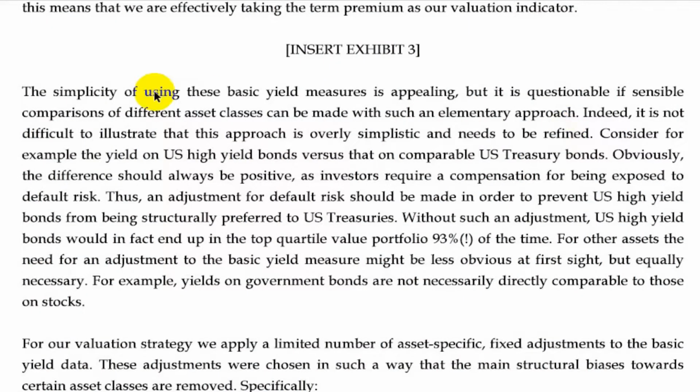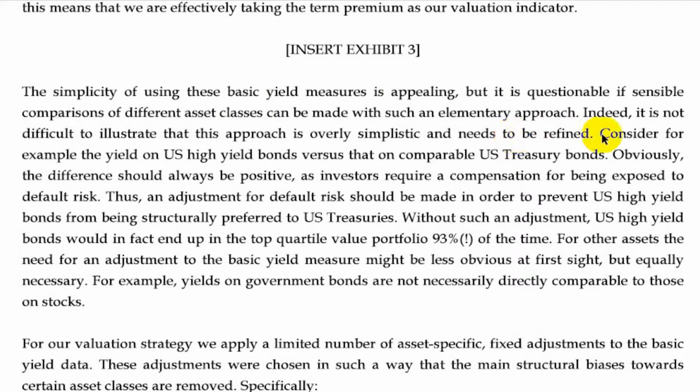And the authors are really well aware of the simplicity of the strategy that they're using. And so they're making a few adjustments to make it more in line with what's economically rational.